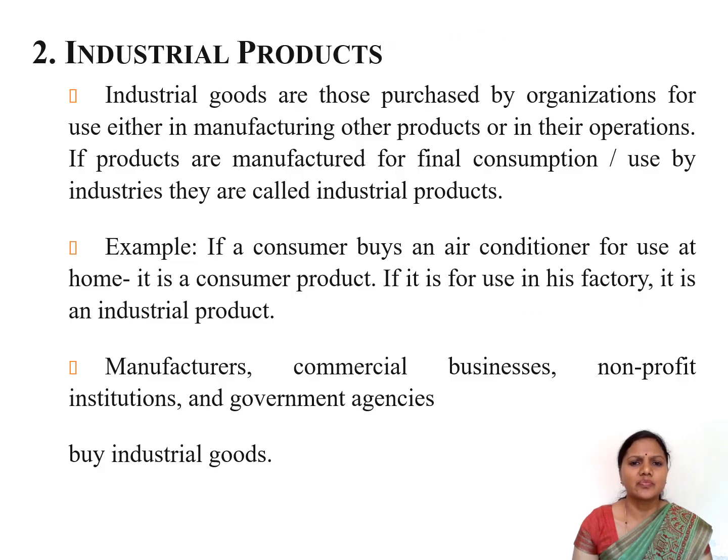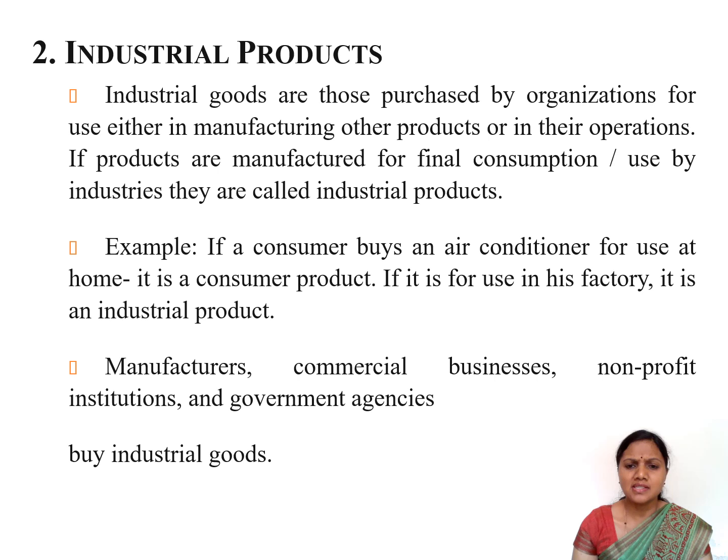Industrial products are the goods which are purchased by the organizations for either use in manufacturing other products or in their production operations. If products are manufactured for the final consumption or used by the industries, they are called industrial products.